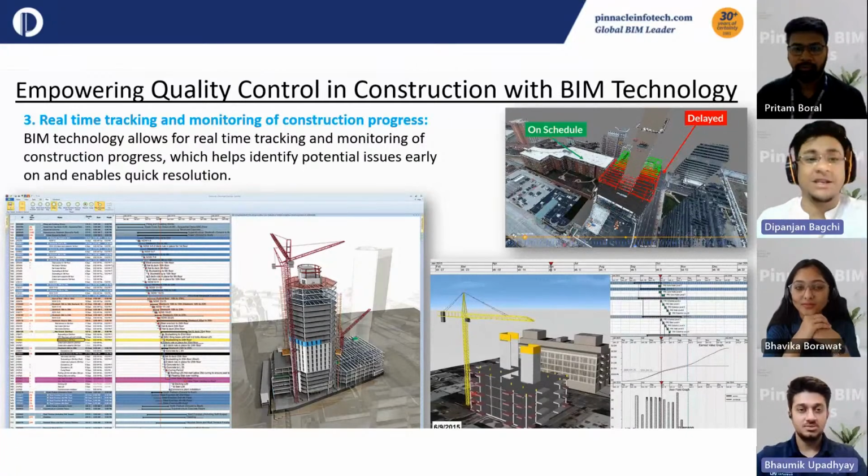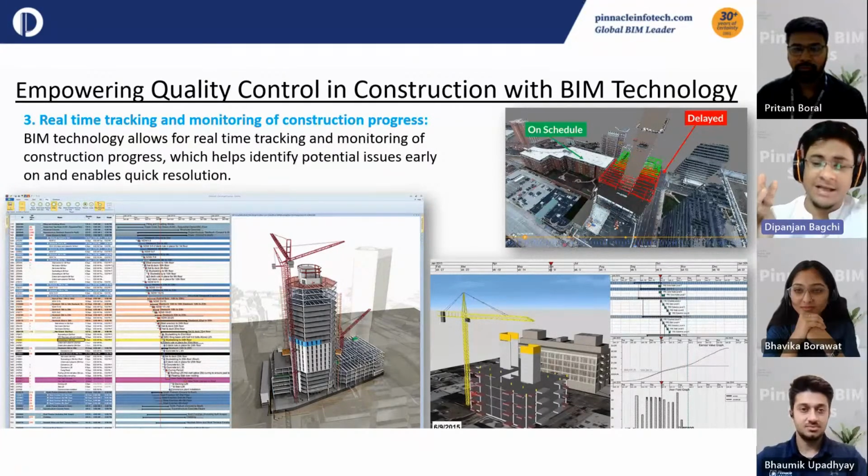The virtual representation helps in detecting clashes and conflicts between different elements, such as pipes or ducts with the walls. In our structural elements, it can be a wall with the slab or with the beam, which might go unnoticed until the actual construction starts.